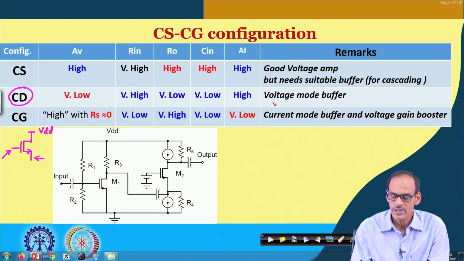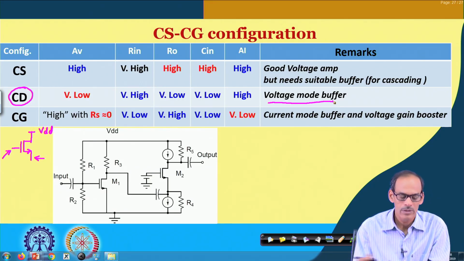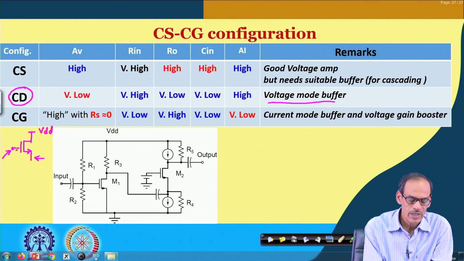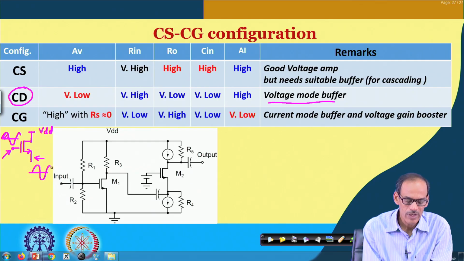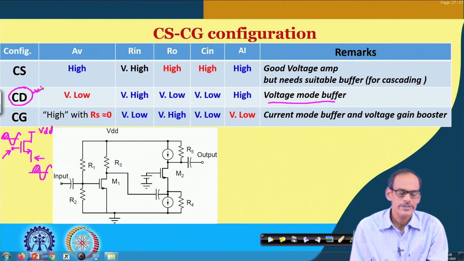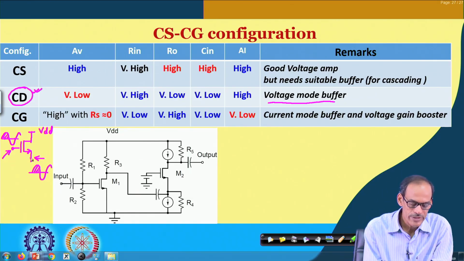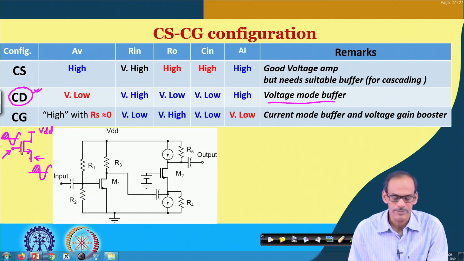The voltage gain from gate to source is approximately 1, and the phase shift is 0 degrees. If I give a signal at the gate, at the source we observe almost a replica of that signal, and hence the common drain circuit is referred to as the source follower. The source is trying to follow the gate.